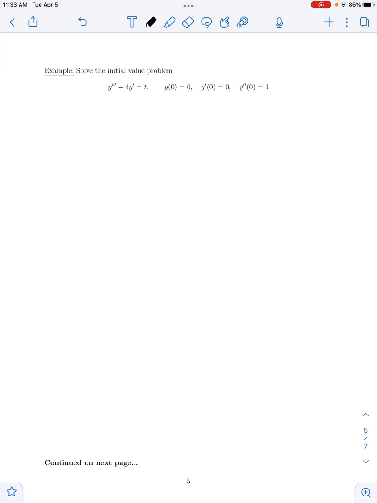So again, for a non-homogeneous equation, our first step is to consider the corresponding homogeneous equation, y triple prime plus 4y prime equals 0.